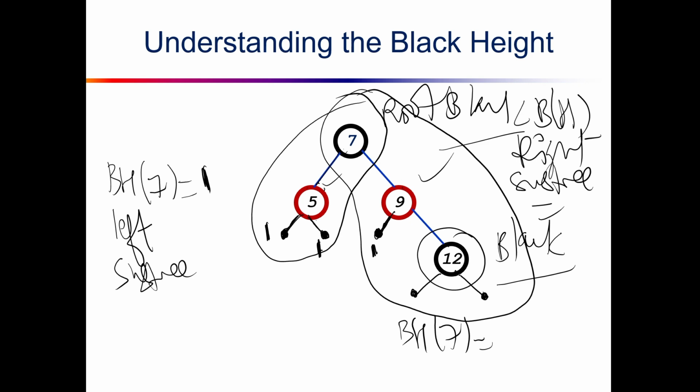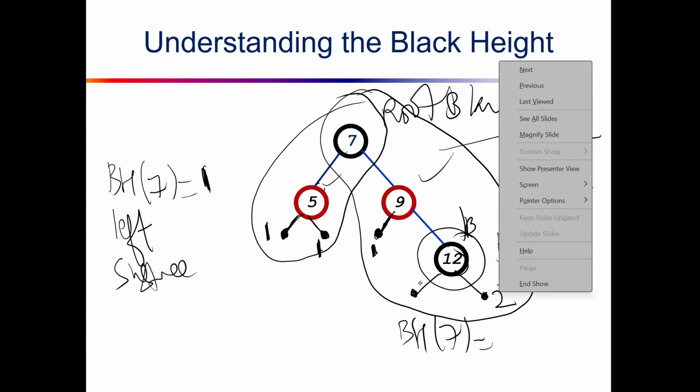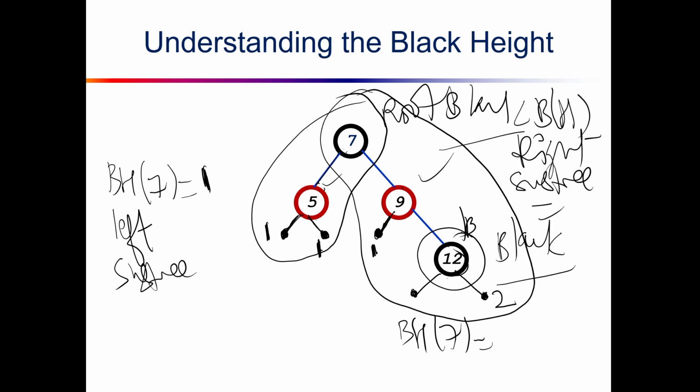So one black node at node 9 and another black node towards the right leaf node of node 12. So over here the height becomes 1 and 2. And if I go towards the left leaf node of node 12, again the height becomes 1 for node 9 and 2 for the left leaf node of node 12.